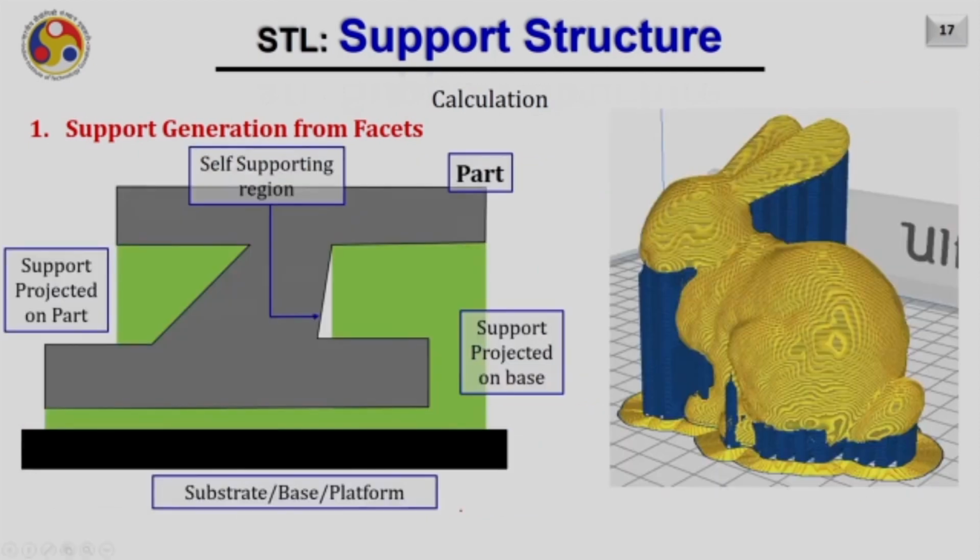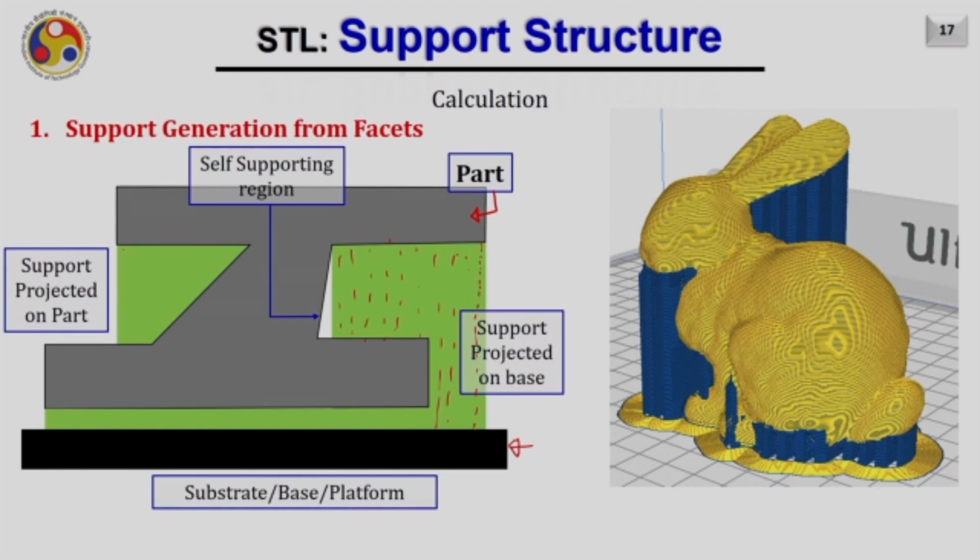Let us now just look at some nomenclature for the support mechanism. This is our part. The green color one is the support everywhere, and this black color one is nothing but the substrate or base, or sometimes also called the platform. Here you can see the support is projected on the base because it is going till the base. But in this portion the support is going up to the part. Therefore, it is called support projected on part.